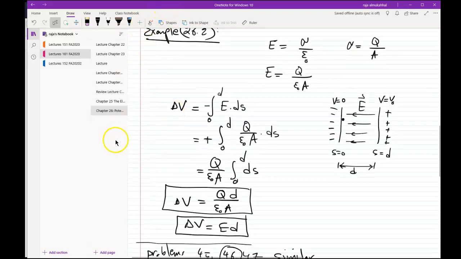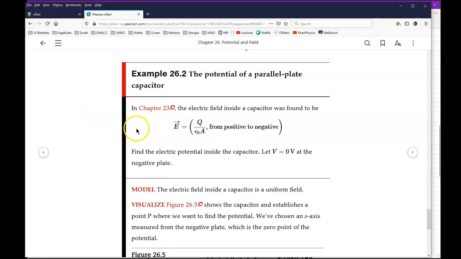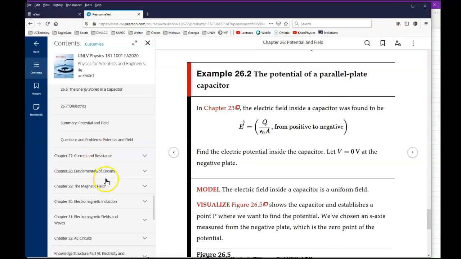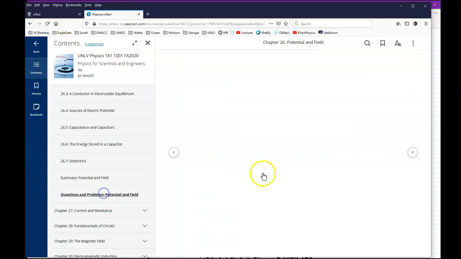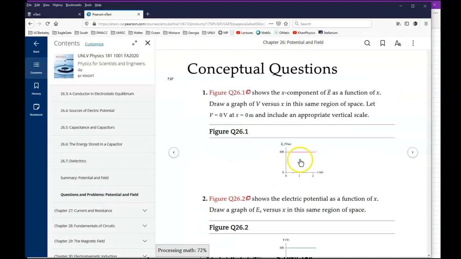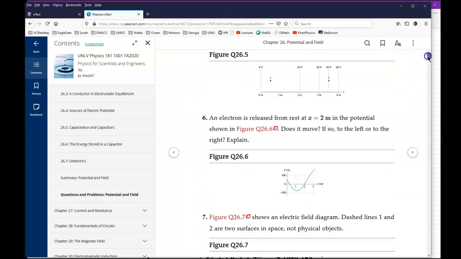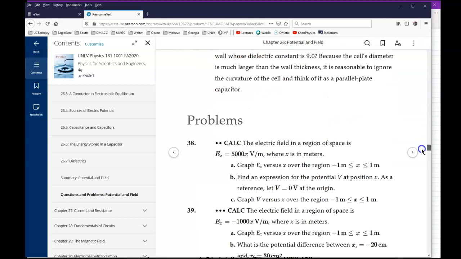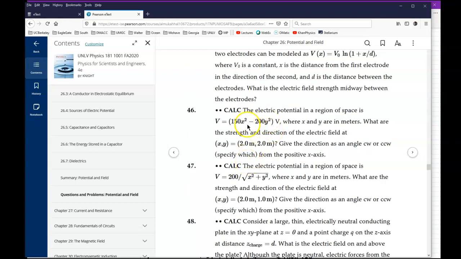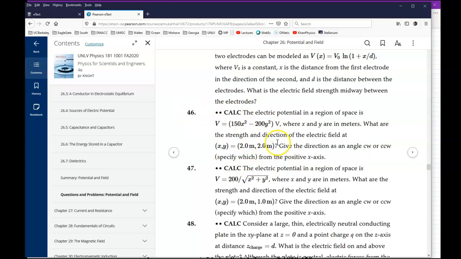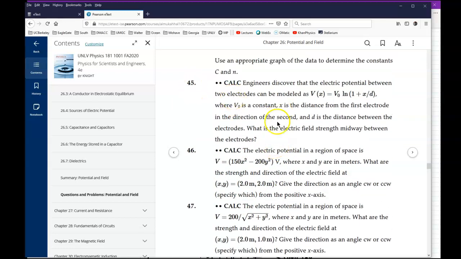If I can jump to the chapter quickly. There we go. So we have here 46. Yeah, this is the homework problem right here. 45. All right, let's do 45 and 47 very quickly.